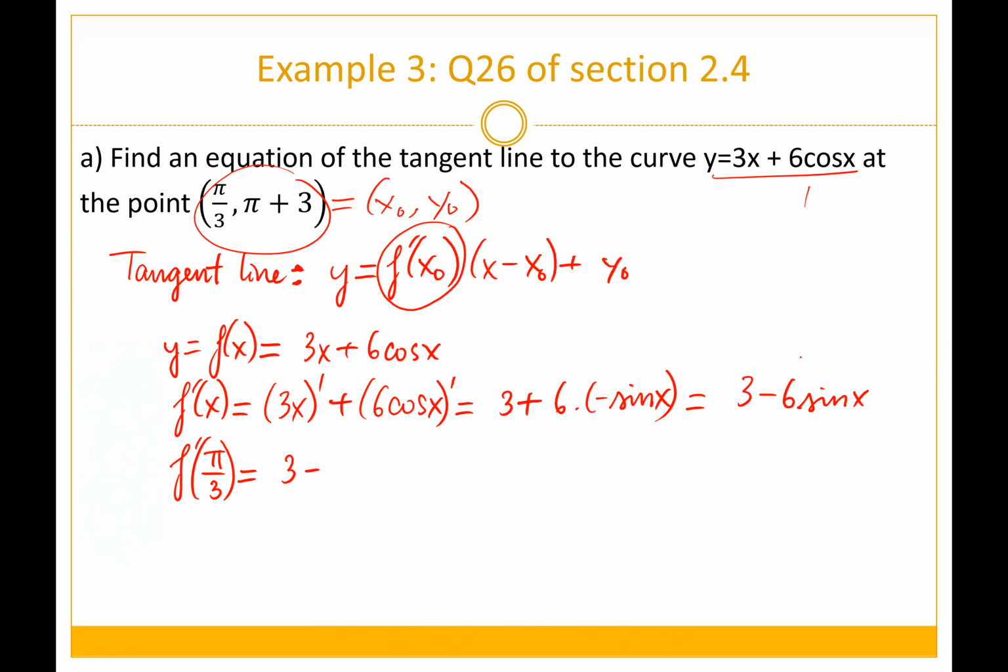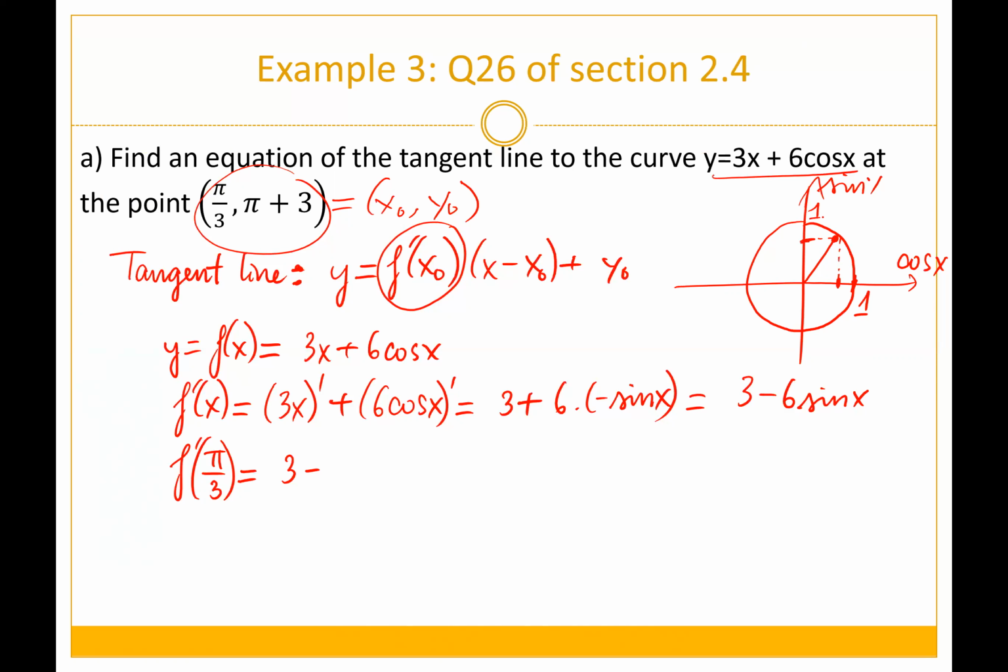Sine of pi over 3, another very helpful thing to remember is the unit circle formula. So the radius is 1. This axis is cosine and this axis is sine. So when we have pi over 3, this coordinate is going to be sine and this coordinate is going to be cosine. So I'm talking about this coordinate.